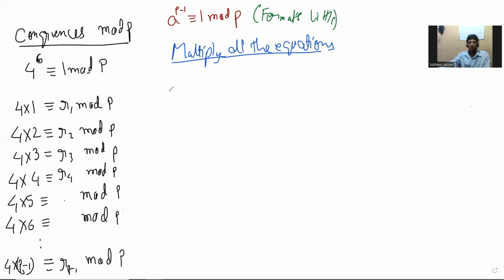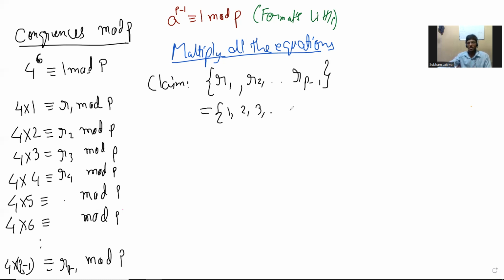So the claim is, what should the claim be? You can write it in words, but I'm just saying the same thing in notation. We would like to say that this set, assuming you're writing the remainders in the standard way from 1 to P minus 1, is the same as this. That is just one way to say that you get all the remainders.